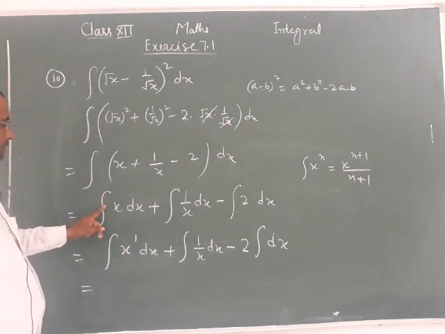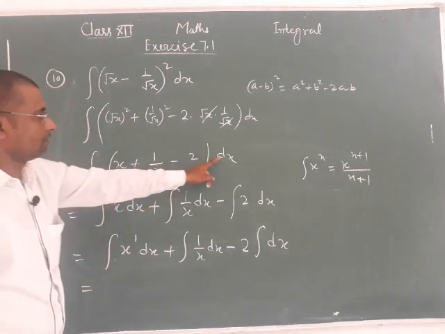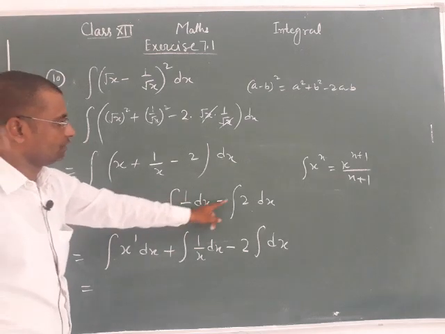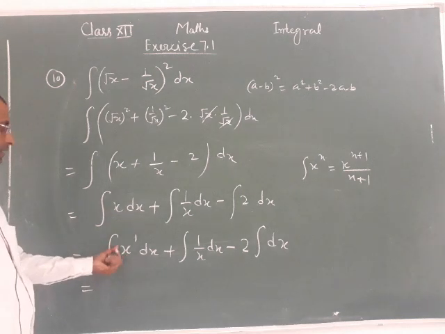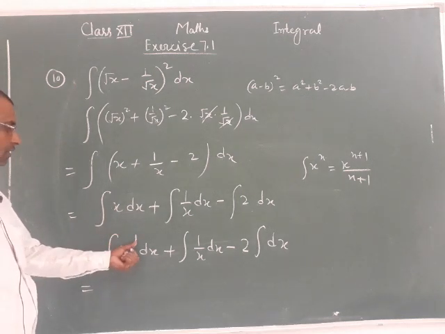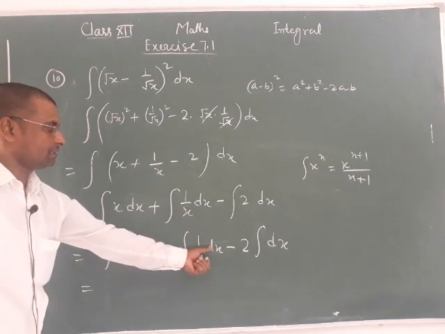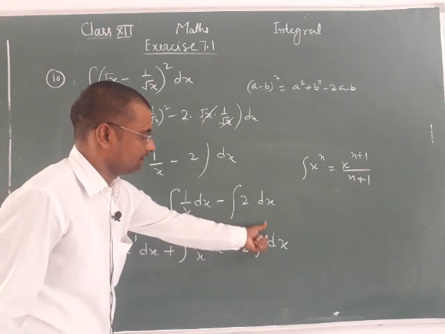Integration of x dx and integration of 1 upon x dx and minus 2 integration of dx, and also written in this form: x^1 dx plus integration of 1 upon x dx minus 2 taking common out 1 dx.